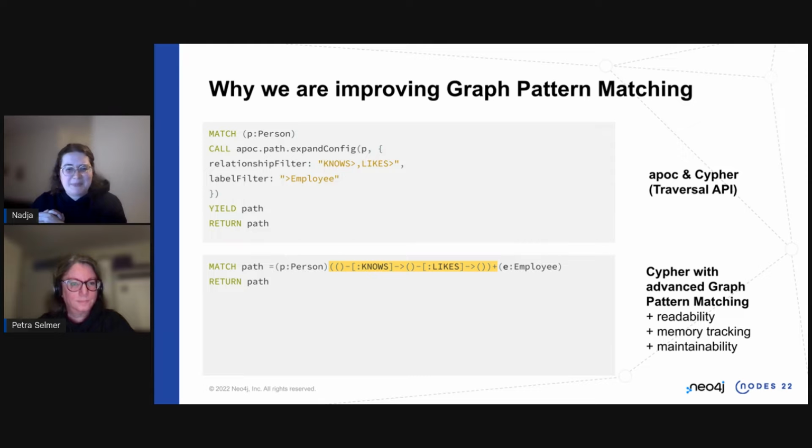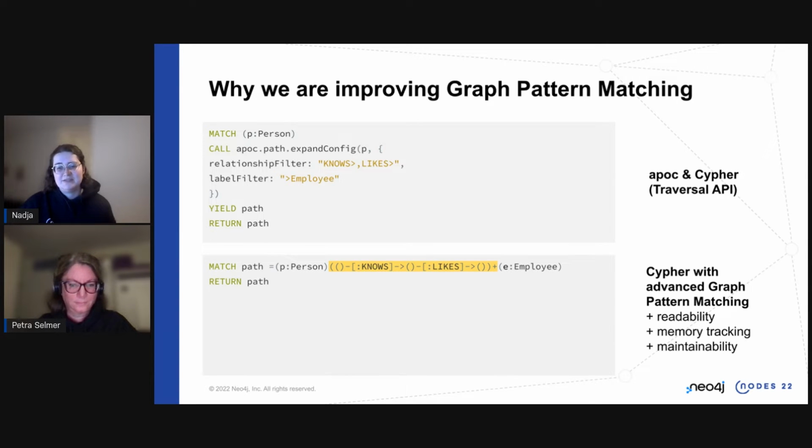And so we think this will have a couple of advantages to have this in Cypher. Mainly, we hope that you also find that it's more readable than the APOC version. And because the APOC version is based on the Traversal API, we will have better memory tracking in Cypher, and it will also be easier to maintain.